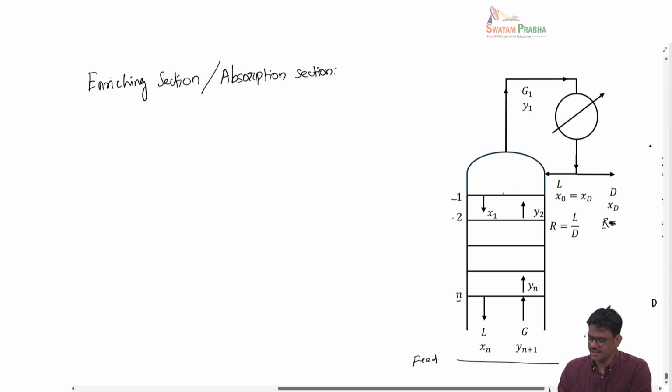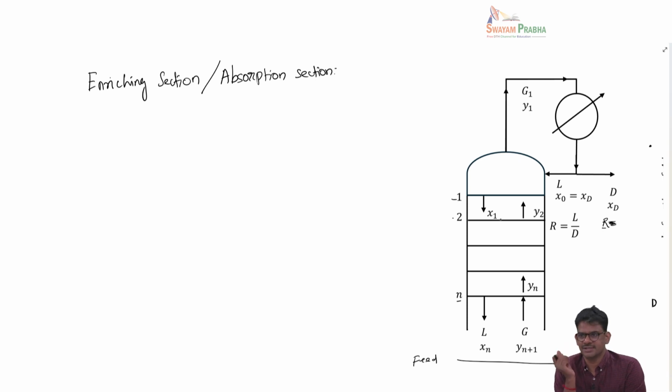The horizontal lines that I show here are the plates, which allow contact between the vapor and liquid. And at the top of the column, the vapor goes through the condenser where the vapor is condensed, and then some part of the liquid is sent back as a reflux, and then the remaining is taken out as a distillate.